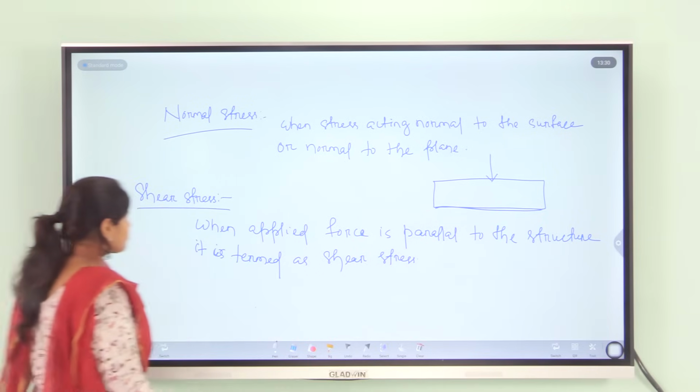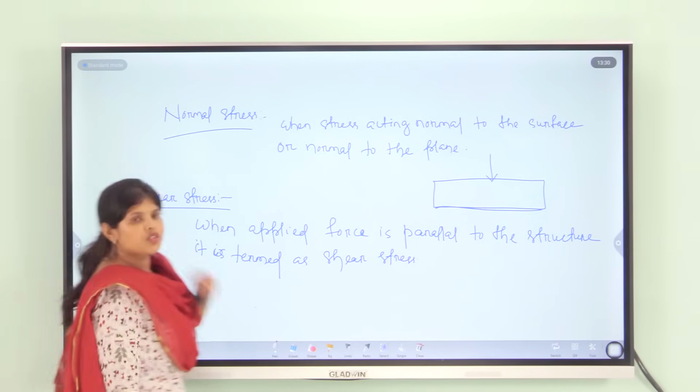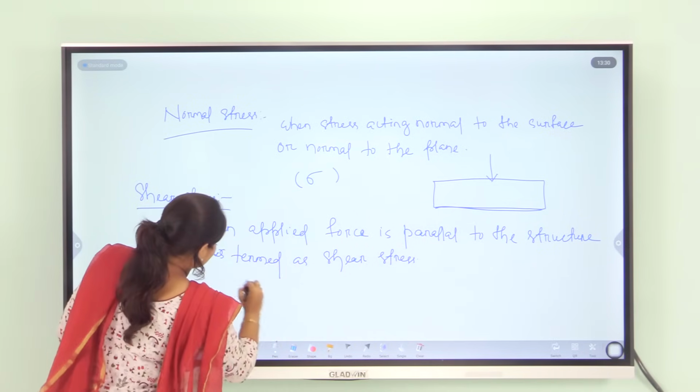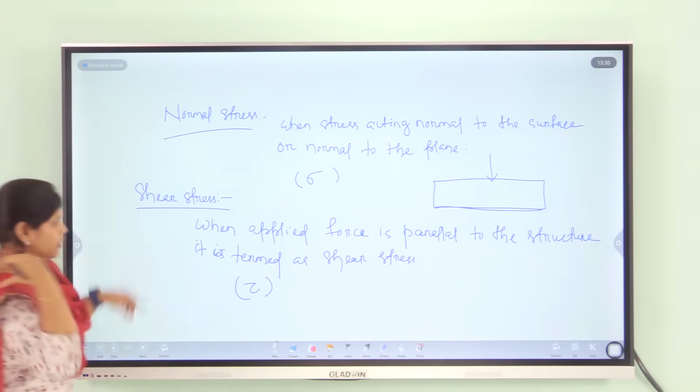Okay. So, normal stress is denoted by sigma, shear stress is denoted by tau. We need to remember this.